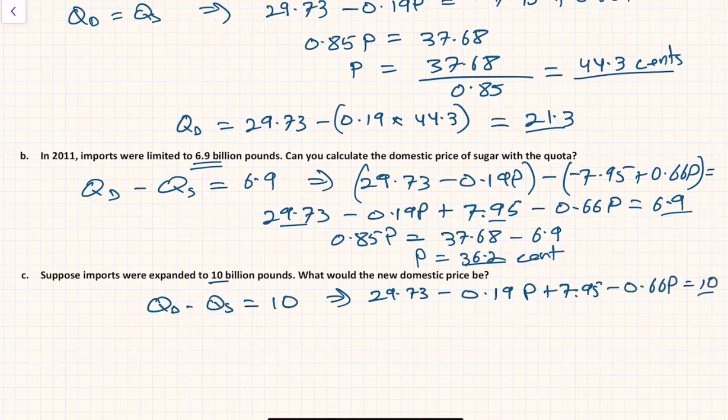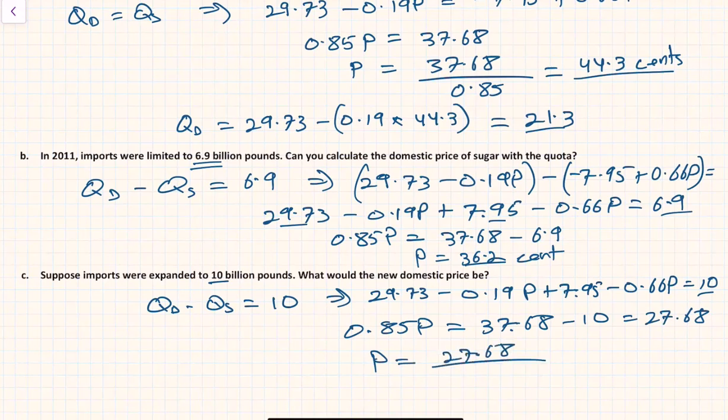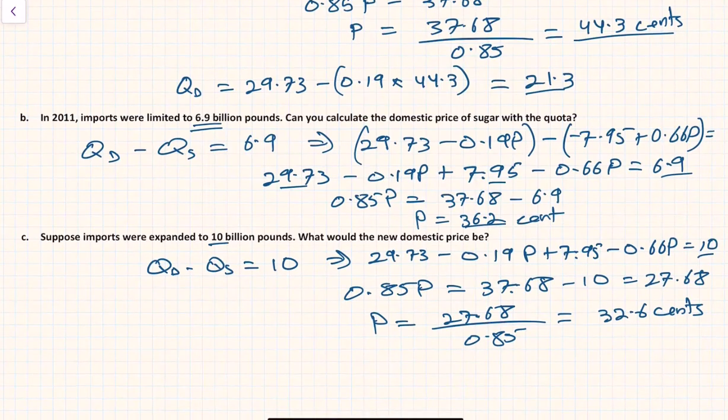Doing the math, we get 0.85p equals 37.68, and this time we subtract 10, which is 27.68. So p is 27.68 divided by 0.85, which is equal to 32.6 cents. If we allow for more imports, the equilibrium price has now fallen from 36.2 to 32.6.